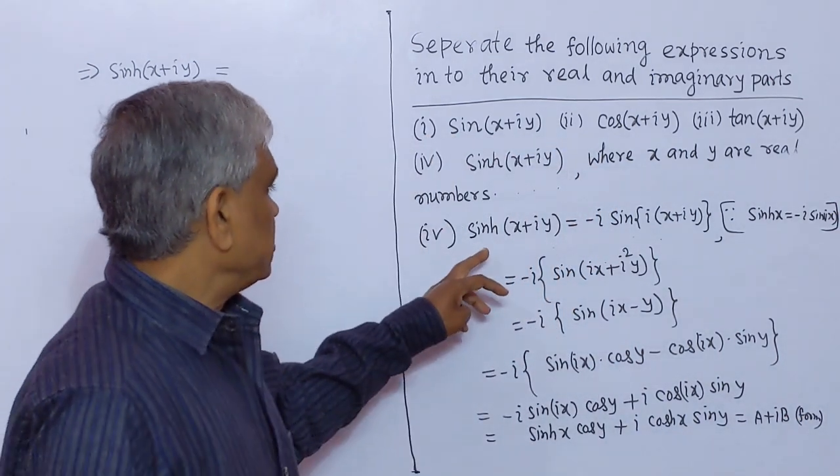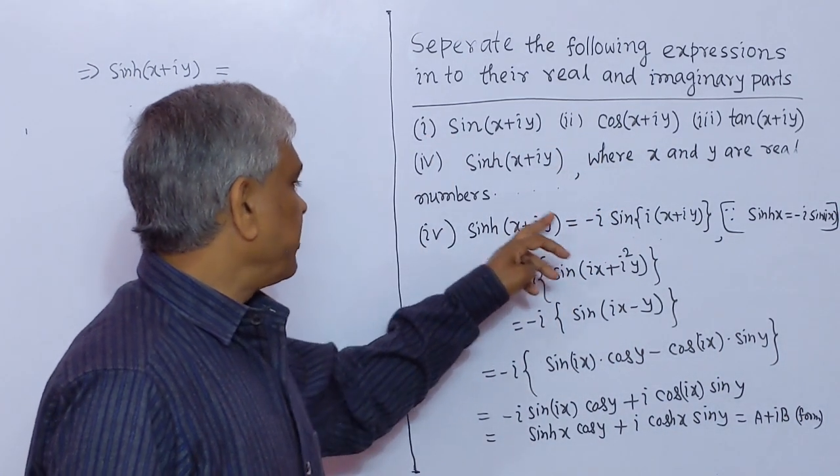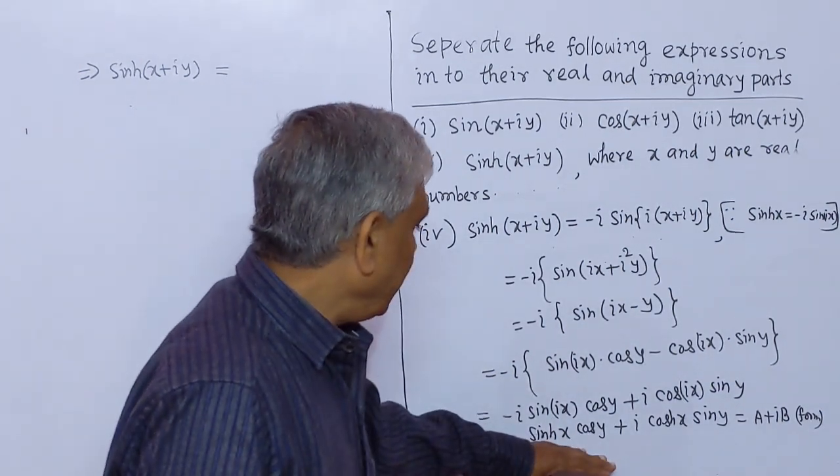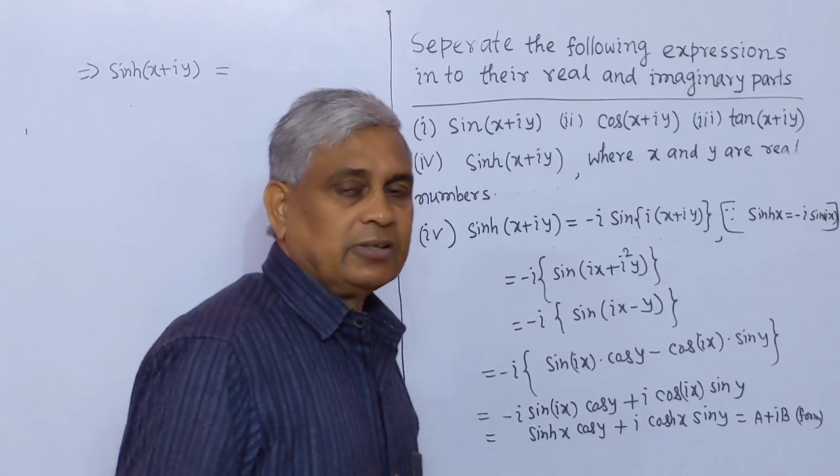So sin hyperbolic x plus iy is separated into real and imaginary parts.